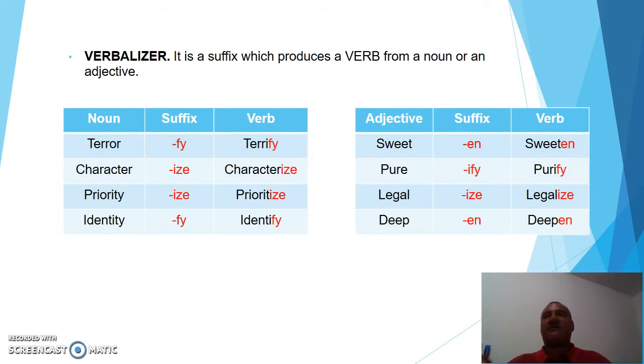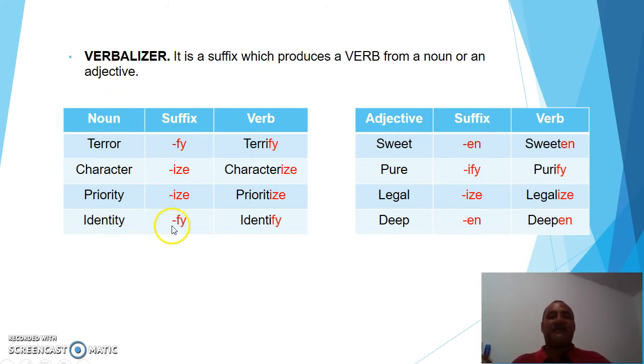The next group is called verbalizers. It is a suffix which produces a verb from a noun or an adjective. Here are some examples. We've got nouns such as terror with the suffix -ify, then it turns into a verb, terrify.